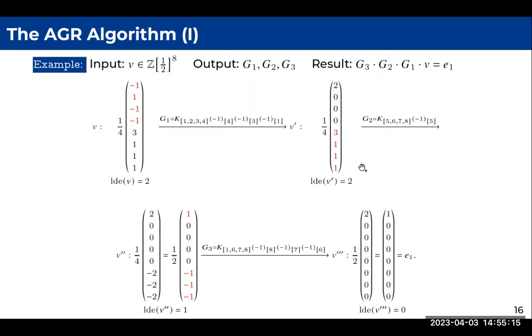We still have 4 elements happening here. Then we apply another sequence of generators such that now we have 4 even entries in this new vector, and we can factor out 2 from them, and then we'll get a reduced LDE, which is 1. Now, reasoning analogously, another sequence, and we'll get to the last one.